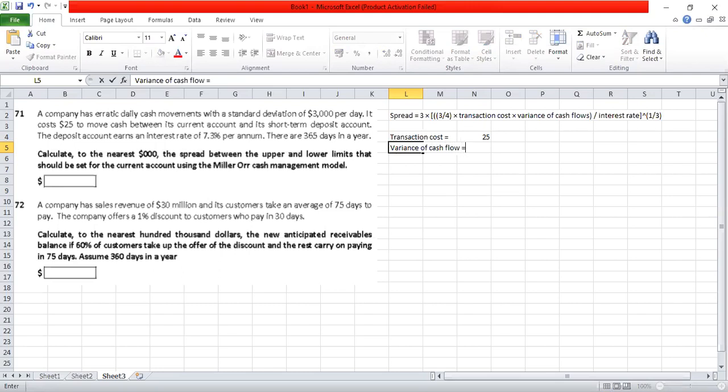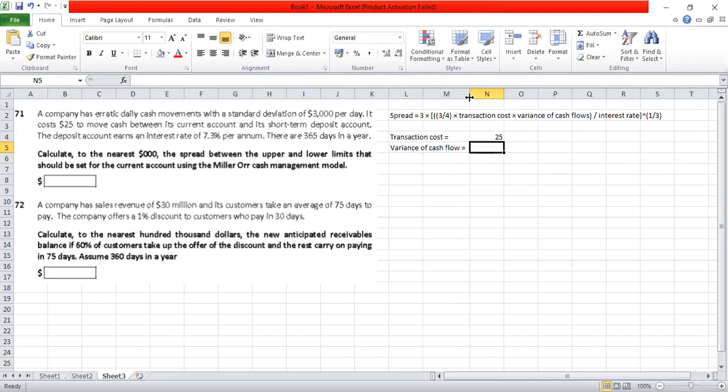Variance of cash flow is equal to, so let's see how much it is. Standard deviation is given as 3000. What is the relationship between standard deviation and variance? Variance is equal to the square of standard deviation.